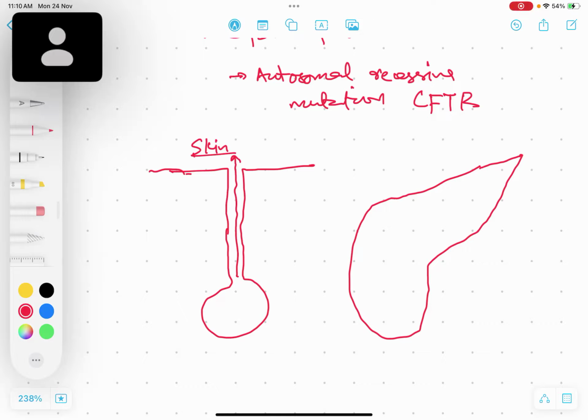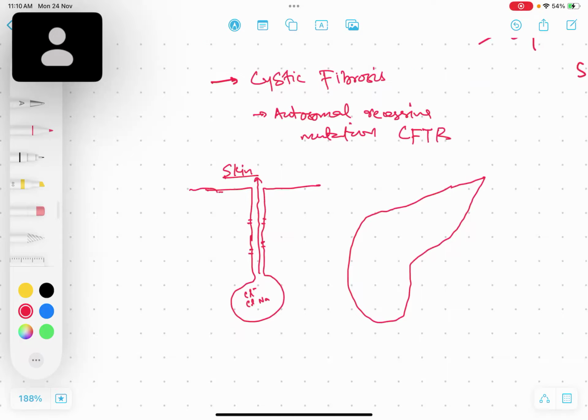Over here we have these chloride channels, these CFTR channels. So what happens, for example, is we have a lot of chloride over here along with sodium, which has a positive charge, right?